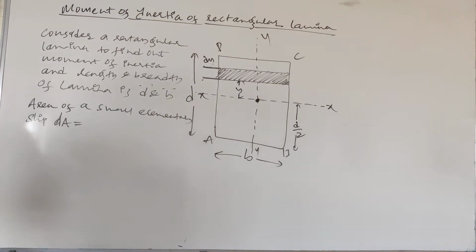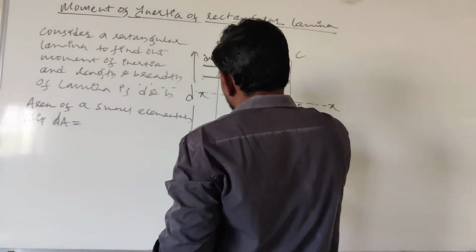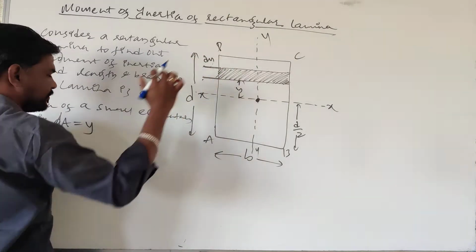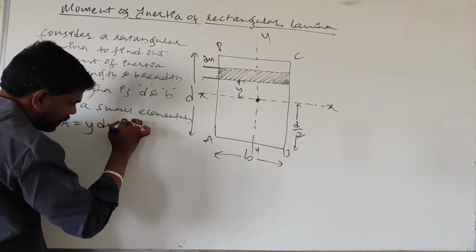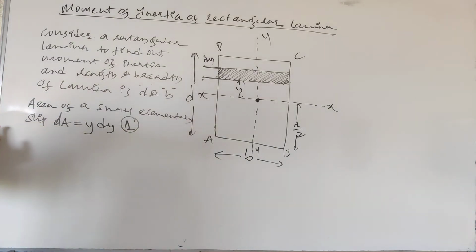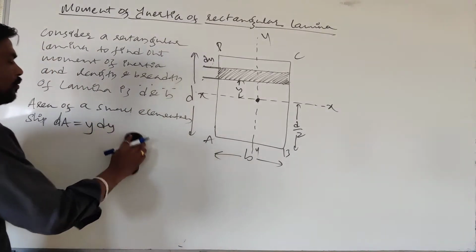So DA means, here, in which axis is it? Y axis. So then y, how much is it? dy. Call this equation number 1.